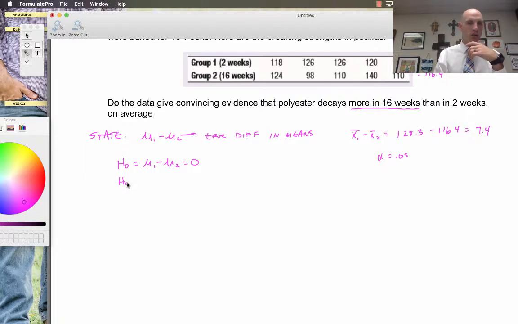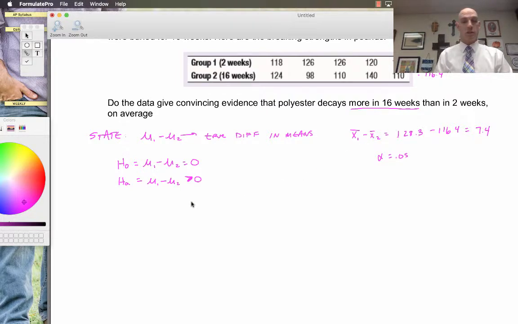Our alternate hypothesis is that our mean difference is greater than 0, meaning that there is a difference, and the difference in means is x bar 1 minus x bar 2, so that would mean that the 2 weeks is greater than the 16 weeks for breakage strength.